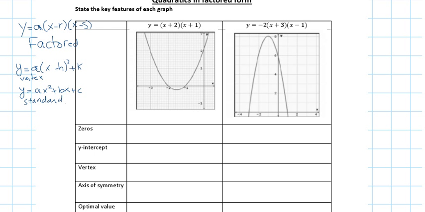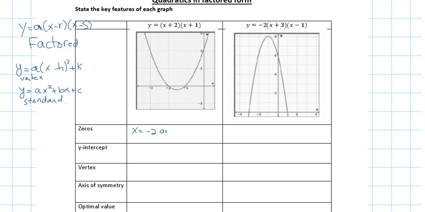So I took this and I graphed it in Desmos or whatever graphing calculator we have, and this is the graph that I got. It's asking you to list all the key features of the graph. So what are your zeros? X equals -2. Now, what is your y-intercept?